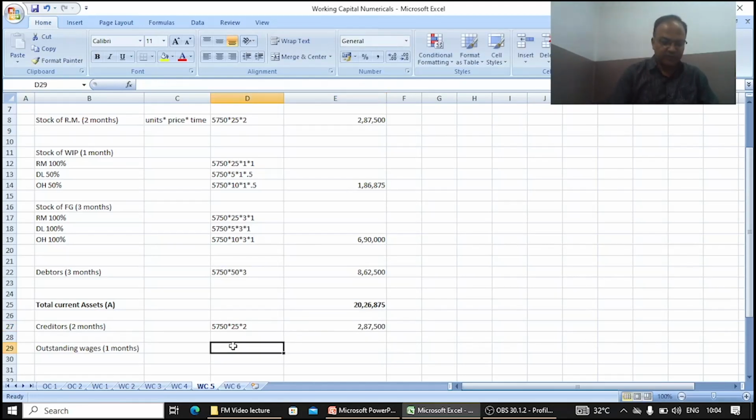Outstanding wages: 5750 into 5 into 5 into 1, 28750.